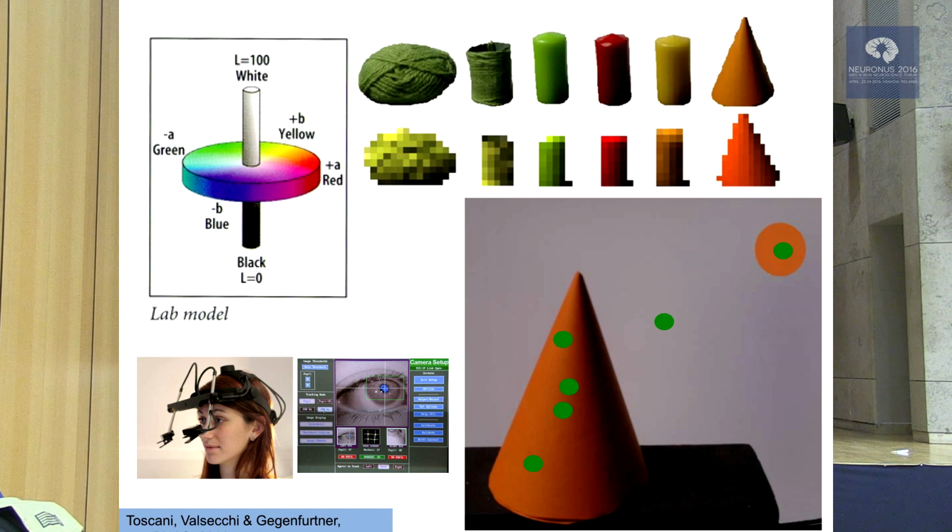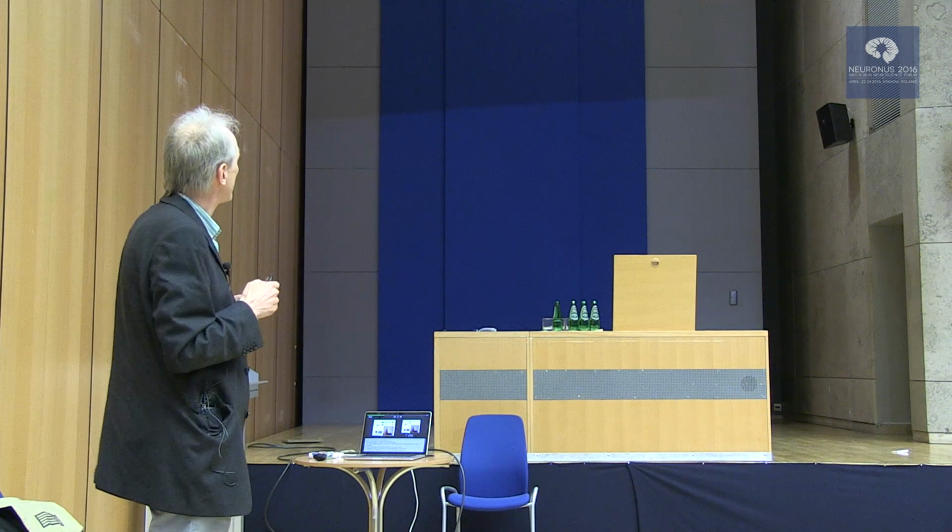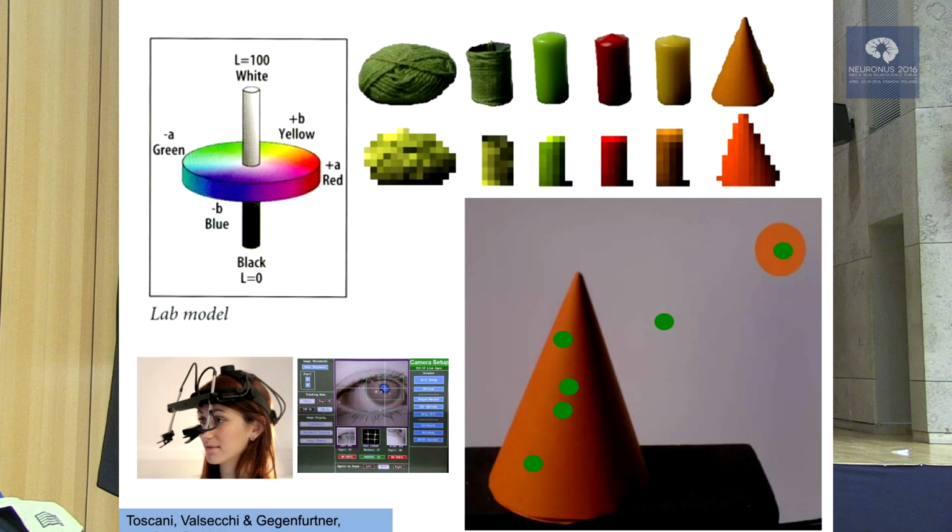They could adjust the lightness, the hue, and the saturation. I'm only going to go into lightness today because the other two aspects, saturation and hue, are not particularly interesting. And while the observers were doing the task, we measured the position of their gaze, and we of course measured the ground truth, the true color of the object, with spectroradiometric measurements.